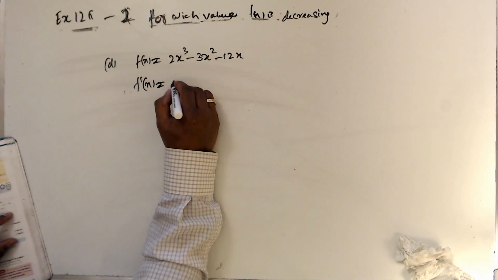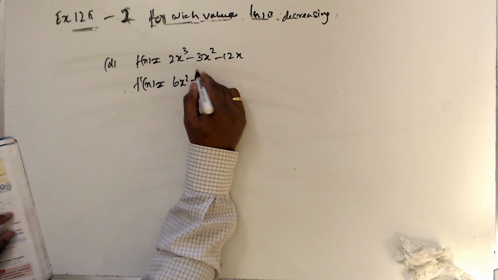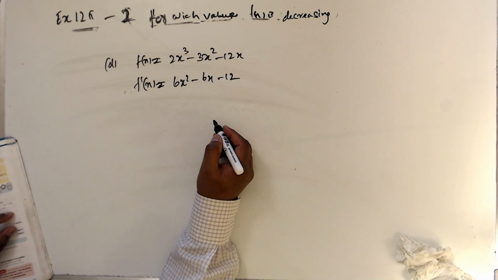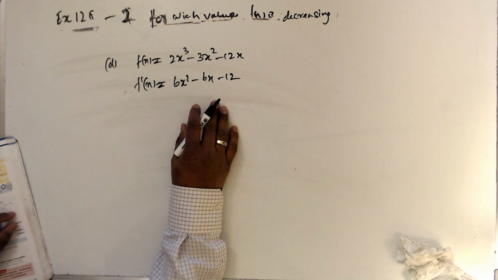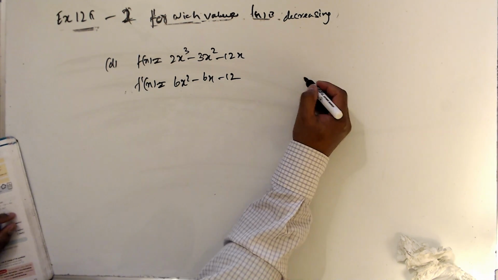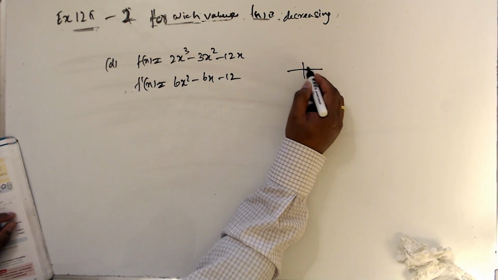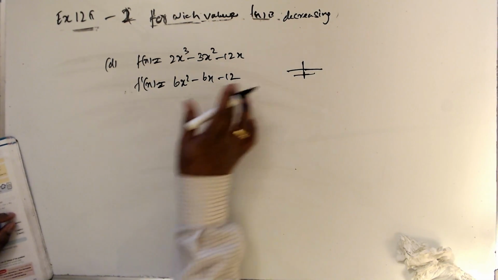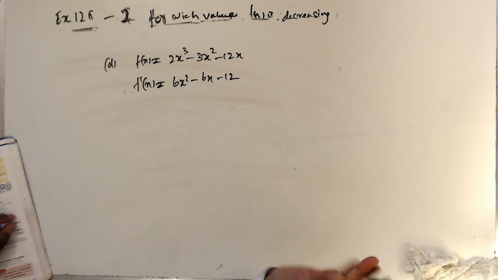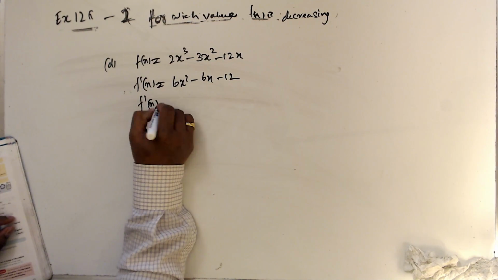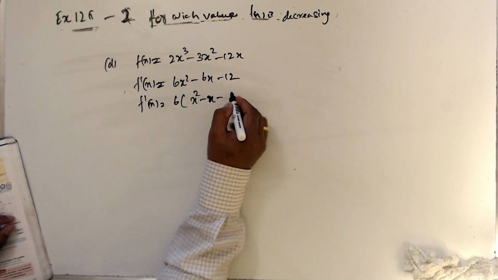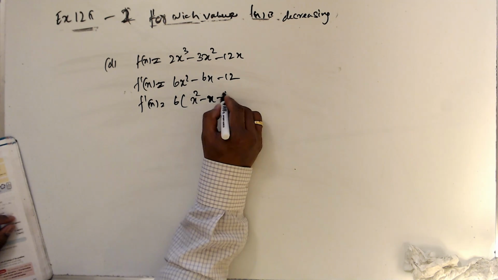f dash x is 6x squared minus 6x minus 12. Now, when I look at this one, there are more than two intervals, the number line is not divided into two pieces. This is a quadratic, so I am assessing three pieces. f dash x, when you take 6 out, is 6 times x squared minus x minus 2.